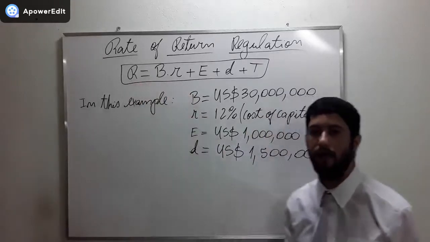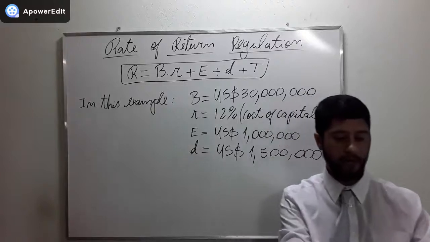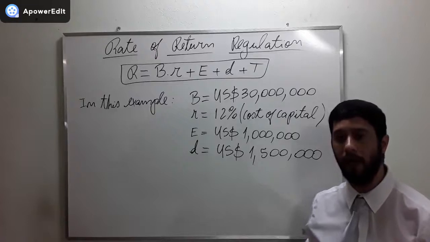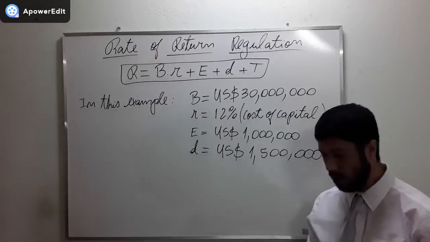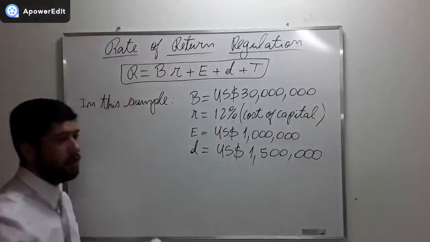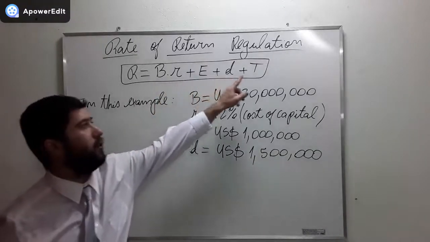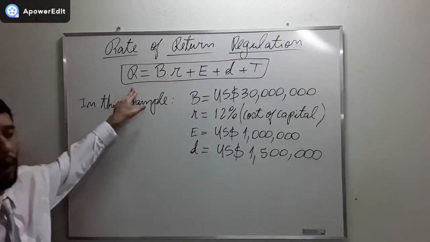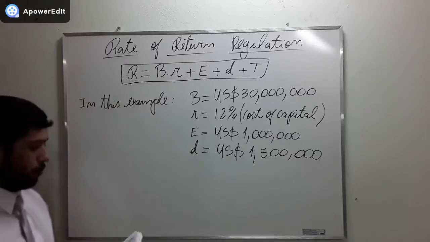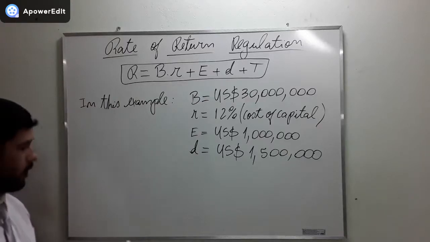Revenue requirement. Okay, but before calculating the revenue requirement, let's understand the formula. The formula is R equals B times r plus E plus D plus T. Capital R is what we want to calculate. B is the rate base. What is the rate base?